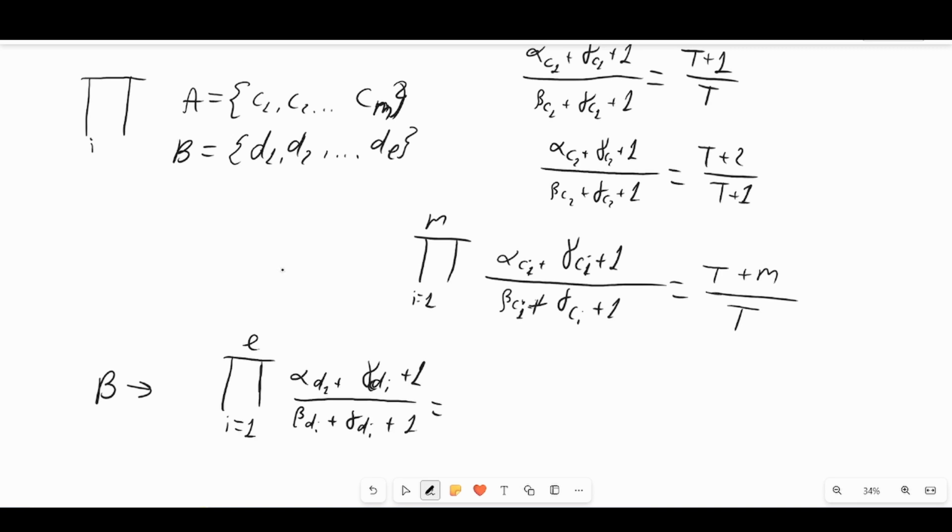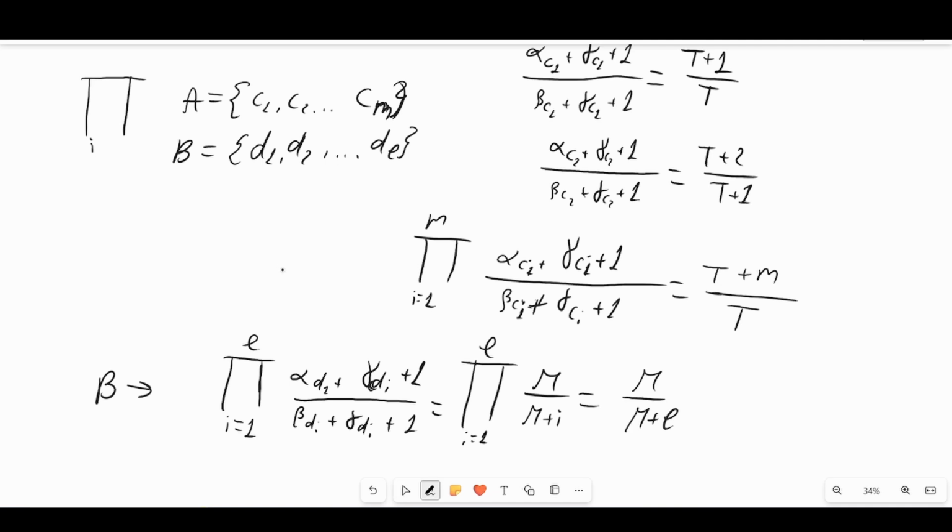In this case, this would be the product for i from 1 to L of m plus i minus 1 over m plus i. And clearly we get m over m plus L.